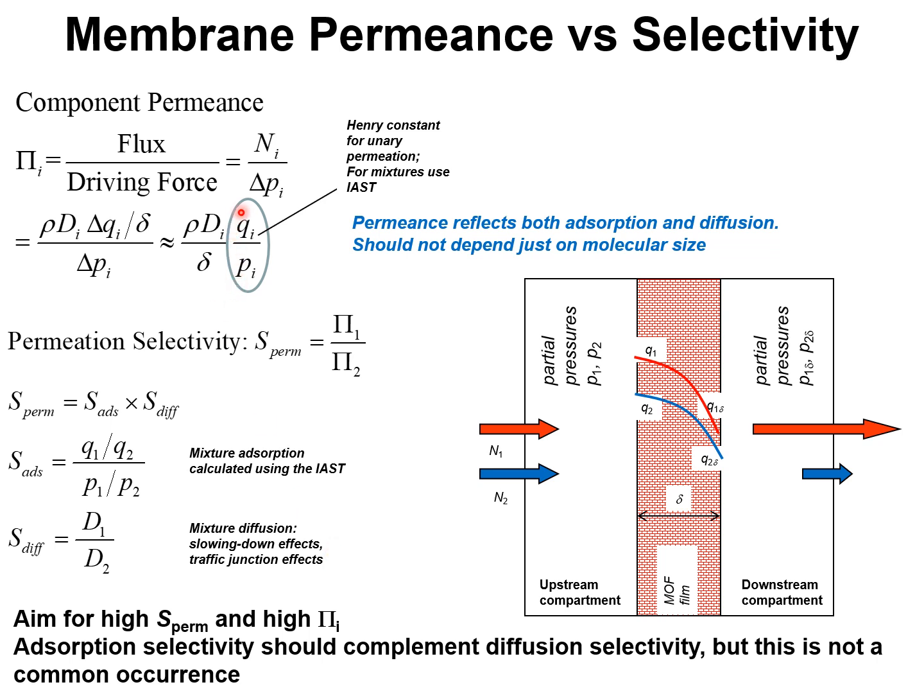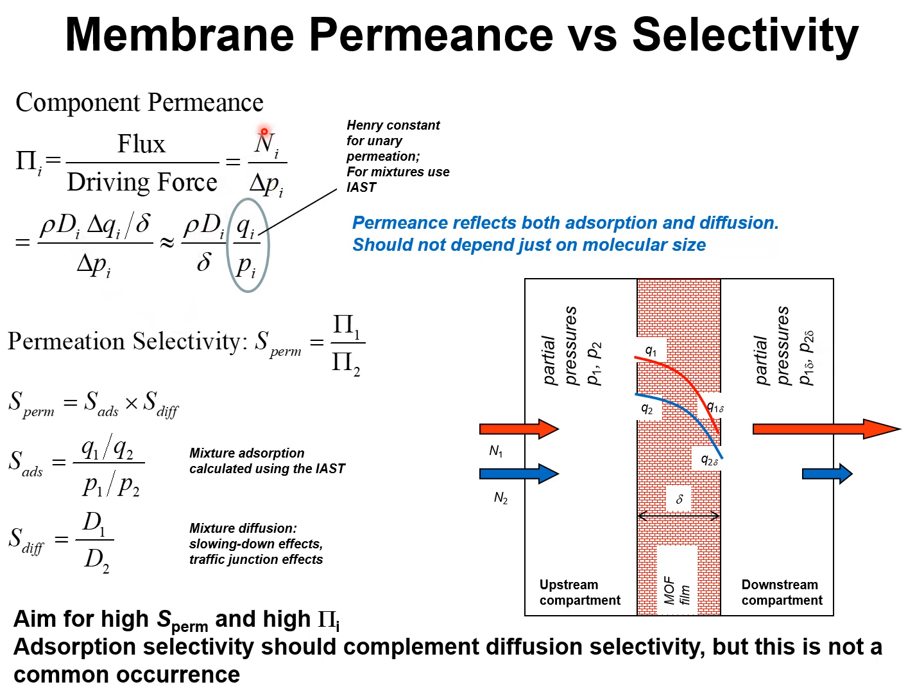There are two important metrics that govern the separation performance of a membrane device. They are the component permeance, and the permeation selectivity. The component permeance is defined as the flux divided by the driving force. So it is the flux of component i divided by the partial pressure difference between the upstream and the downstream compartments, delta Pi.